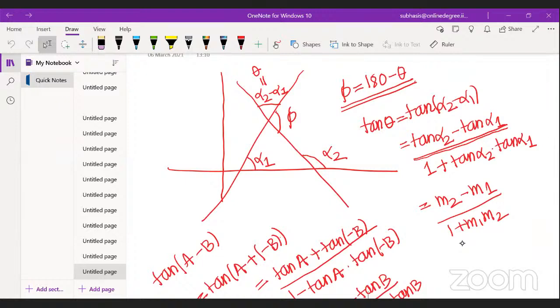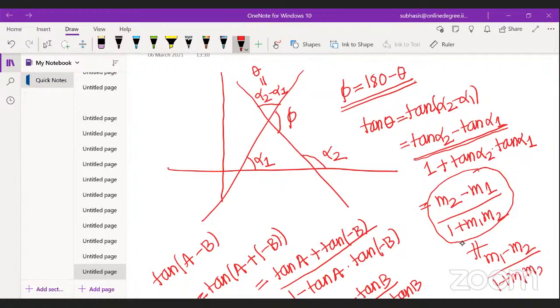You are getting tan theta as m2 minus m1 divided by 1 plus m1 into m2, and certainly this is not equal to m1 minus m2 divided by 1 plus m1 into m2, right? Yes, sir. So the first option is not correct.